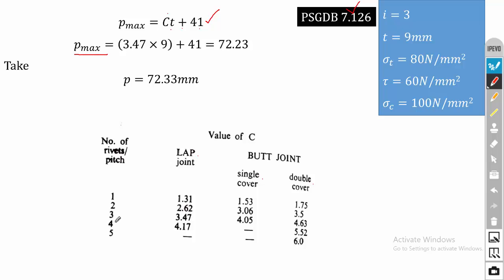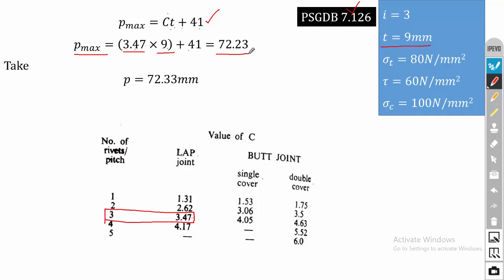So here in our problem we have 3 rivets and the joint is a lap joint. So for 3 rivets and a lap joint, the C value is 3.47. Okay, so I have substituted the C value as 3.47. Then T is the thickness of the plate, it is given as 9 mm, plus 41.